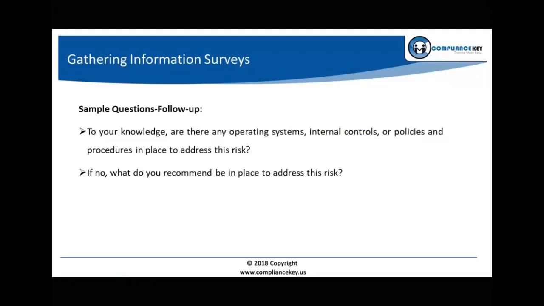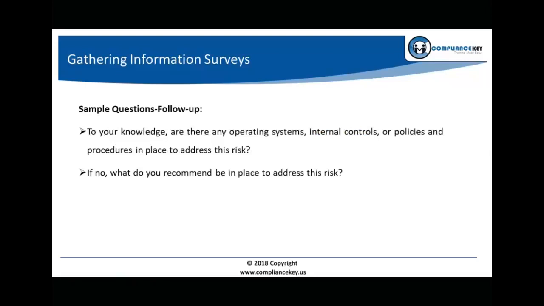Another question you could throw in there is, to your knowledge, are you aware of any things that are in place to try and address this particular risk? The reason this is good to include is because it helps you in determining and prioritizing risk. Is there something already in place that's trying to address it? Maybe that's what we need to take a look at if we're going to add this project to our work plan.